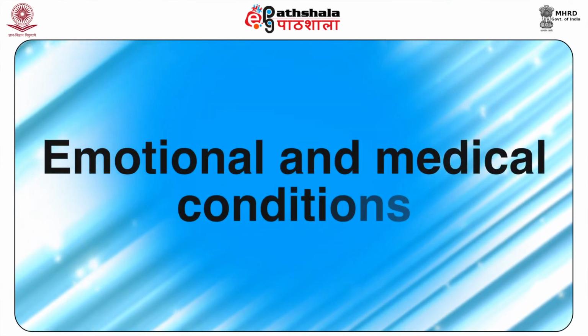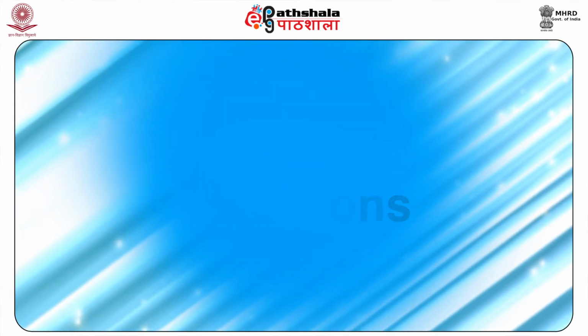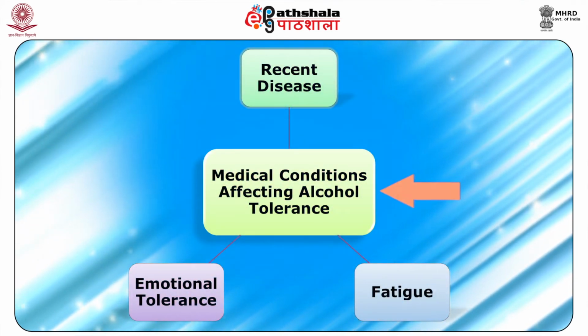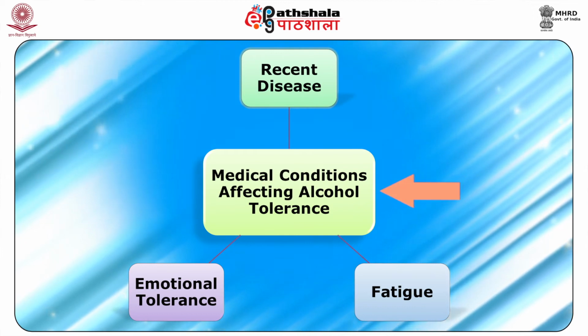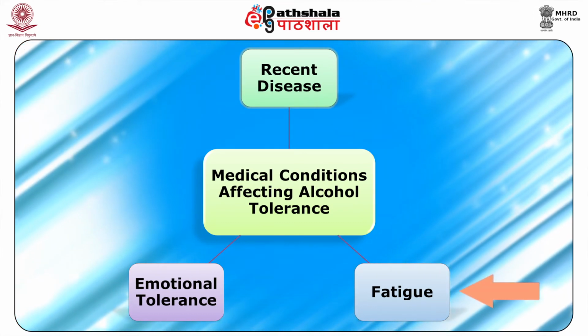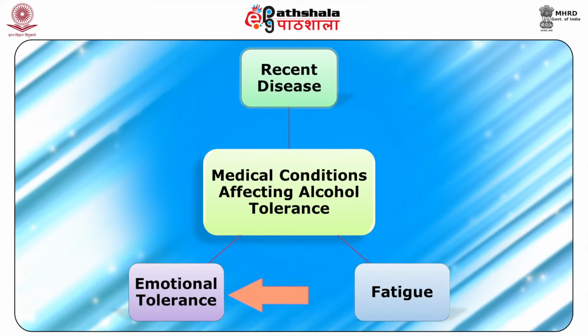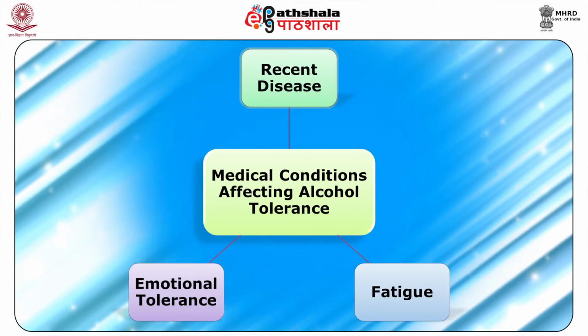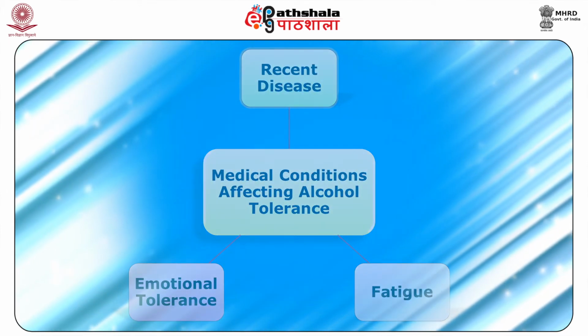And lastly, emotional and medical conditions. Various medical conditions may affect one's alcohol tolerance. For example, recent disease, fatigue, or any kind of emotional trauma makes people more susceptible to the effects of alcohol.